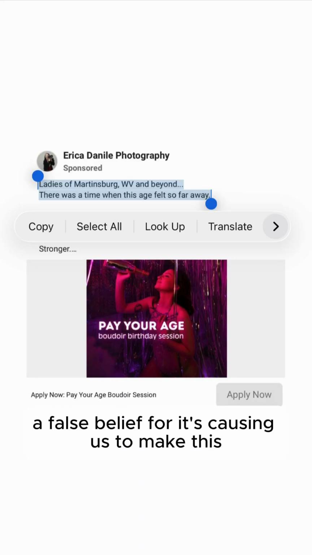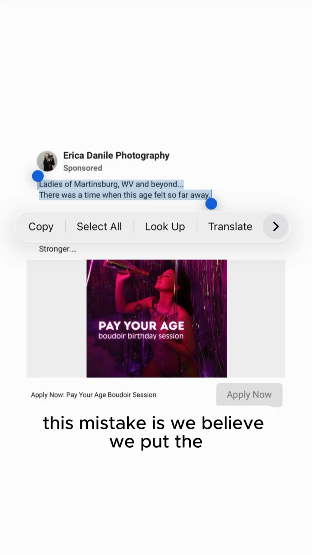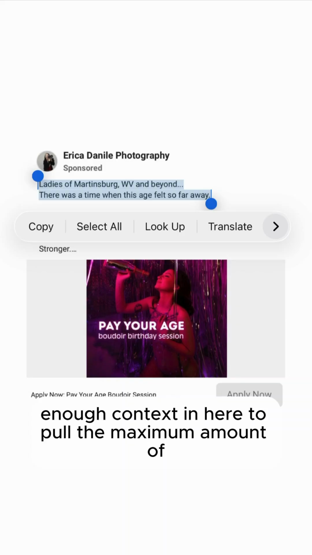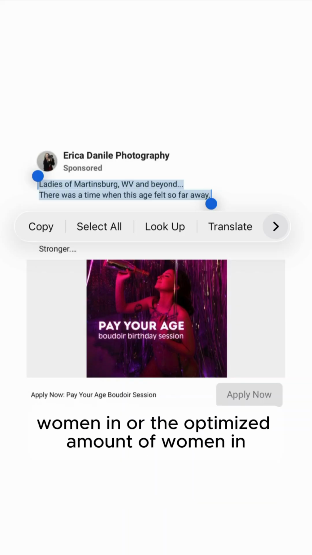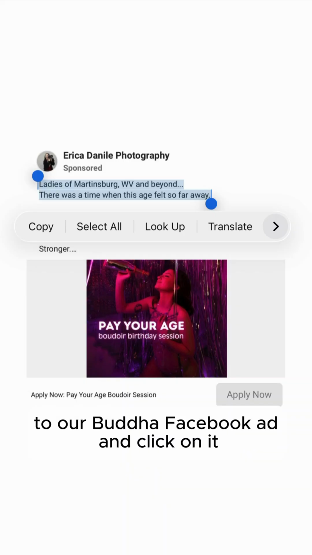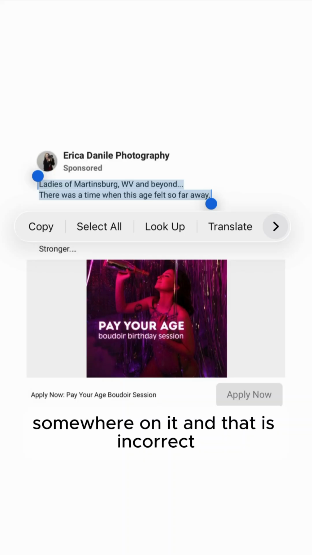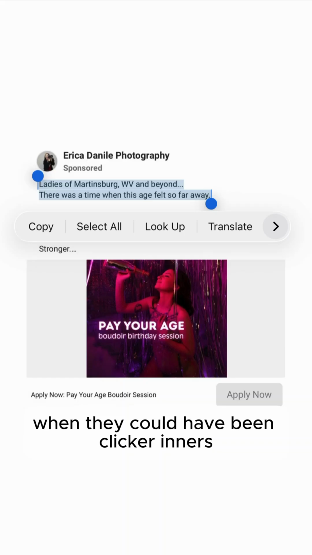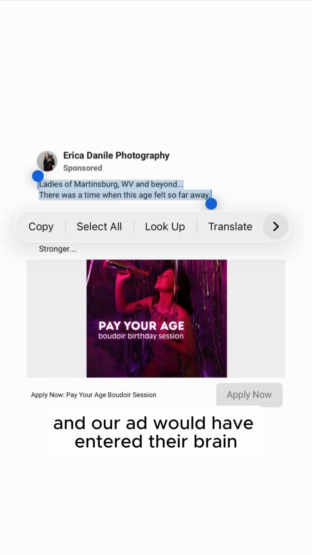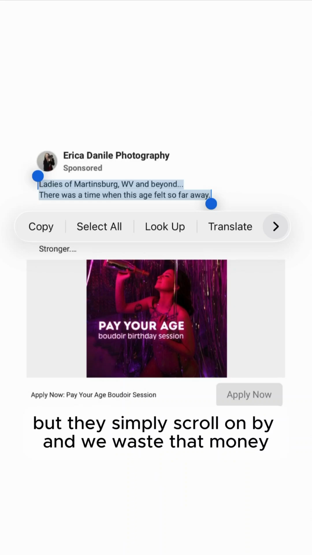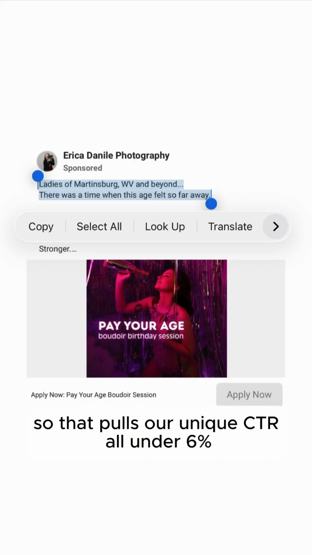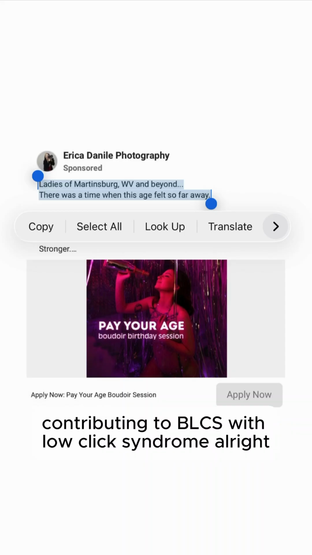The false belief that's causing us to make this mistake is we believe we put enough context in here to pull the maximum amount of women in, or the optimized amount of women in, to our boudoir Facebook ad and click on it, somewhere on it, and that is incorrect. So the consequence of this is way more women are going to be scrolling by our boudoir Facebook ad than necessary, when they could have been clicker-inners and our ad would have entered their brain, but they simply scroll on by and we waste that money. So that pulls our unique CTR all under 6%, contributing to BLCS, boudoir low click syndrome.